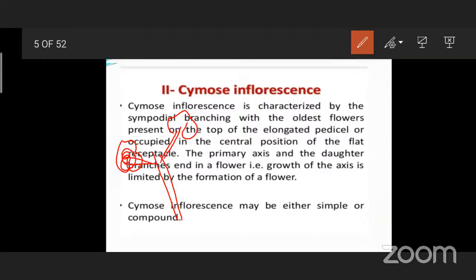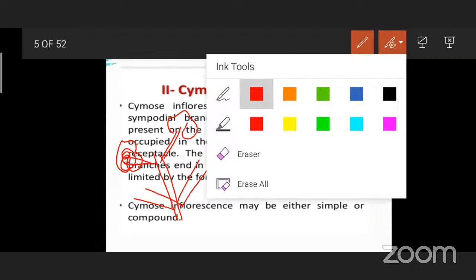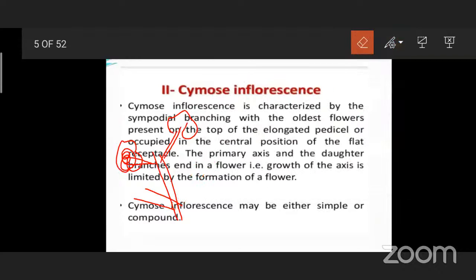The flowers are borne in basipetal order, either on a branched or unbranched axis. This is cymose inflorescence.